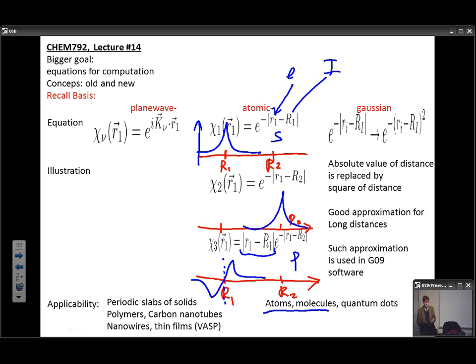But if one is looking at big chunks of solid state, of materials like semiconductors, metals that follow crystalline structure and that do contain a lot of ions, another type of basis set is more helpful. So instead of having functions that are centered on each ion, one takes functions that are spread over the whole space.